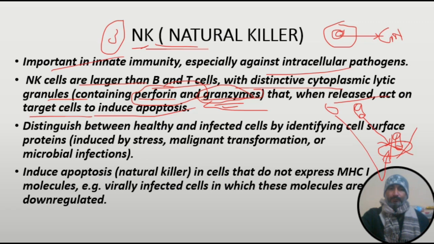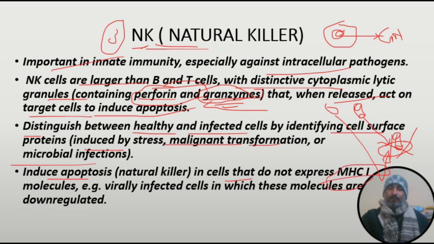These natural killer cells distinguish between healthy and infected cells by recognizing cell surface proteins induced by stress, malignant transformation, or microbial infection. They induce apoptosis in the cell if it does not express MHC class 1 molecules.